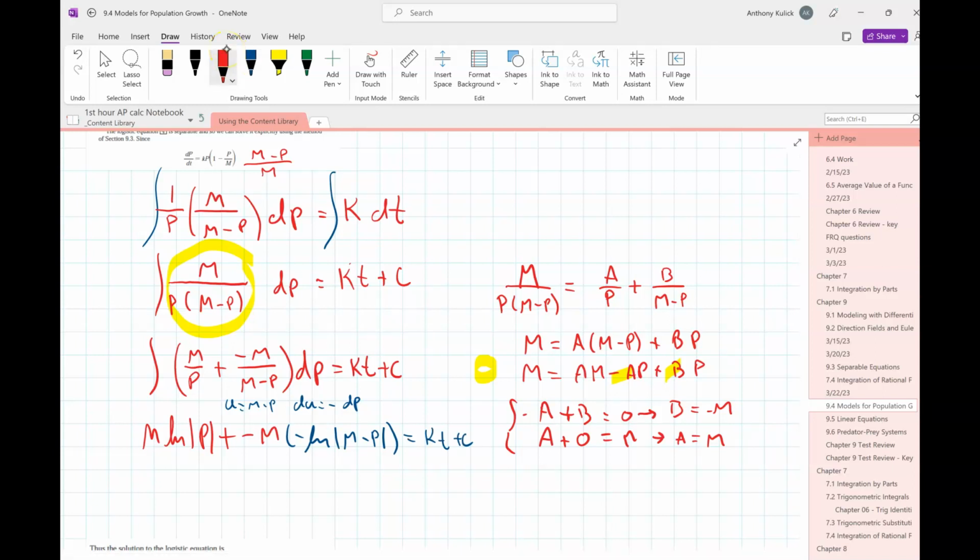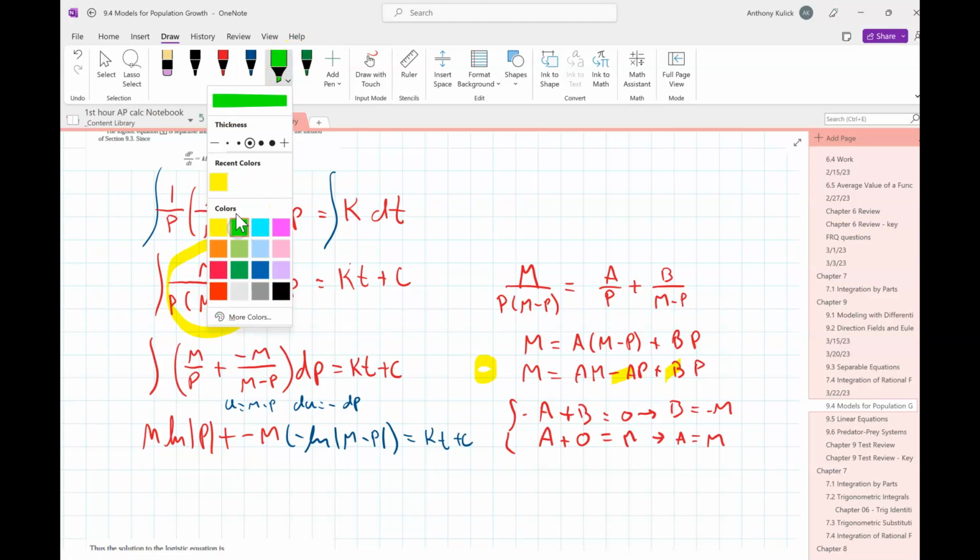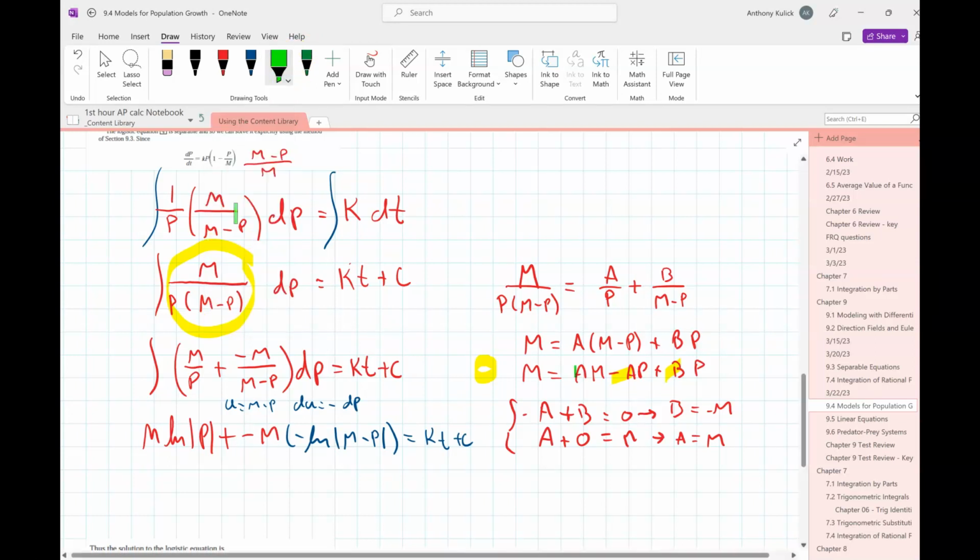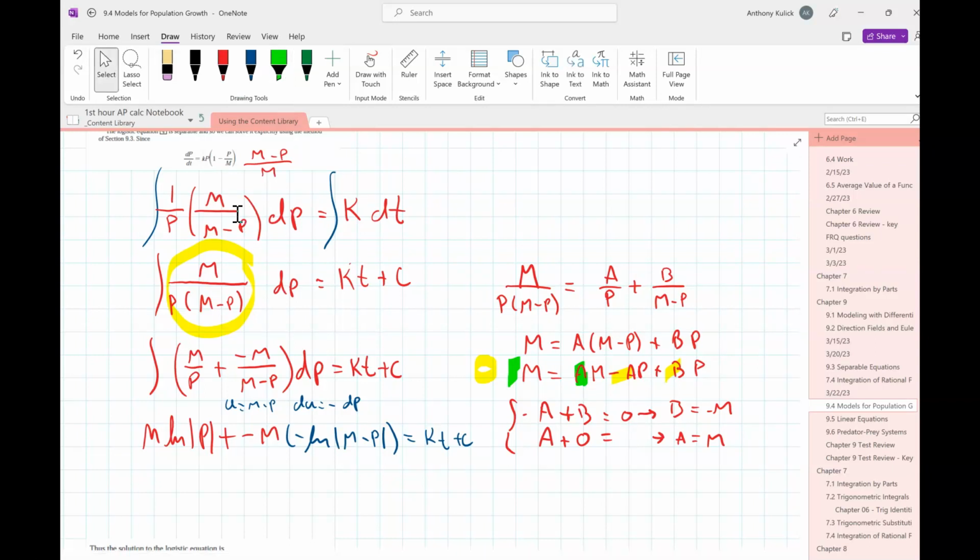So there's that. And I just noticed I did something dumb here, folks. So let's just go back in time for just 1 second. When I set this up, a is the coefficient on m. So a doesn't equal m. A is equal to, or a plus, yeah, that needs to be 1.